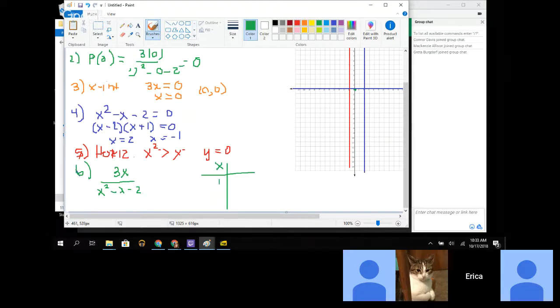What happens when x equals 1? What does my f of x equal? When x equals 1, I'm going to do some scratch work off to the side. I get 3 over 1 minus 1, 1 minus 1 is 0, minus 2. So negative 3 over 2. F of x equals negative 1.5.